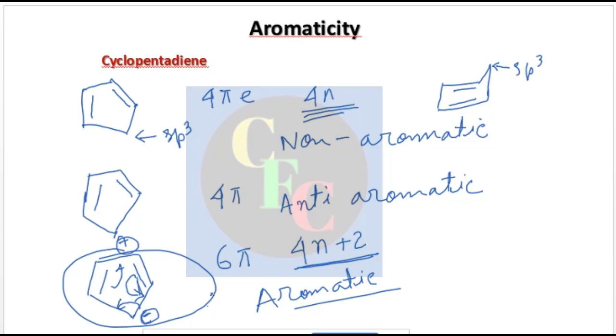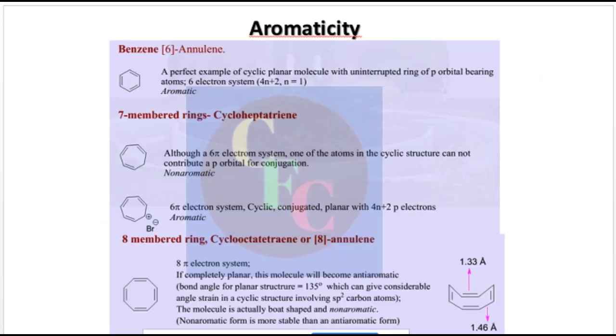And for the higher ones, this is benzene. We have already seen it. It has a 6 pi electron system and it is aromatic. For the 7-membered ring, you have cycloheptatriene. You have a 6 pi electron system, fine, but it is not planar due to the presence of this sp3 carbon, right?